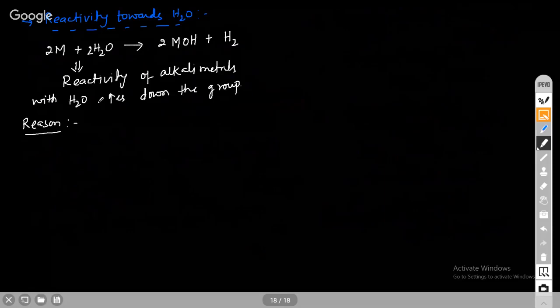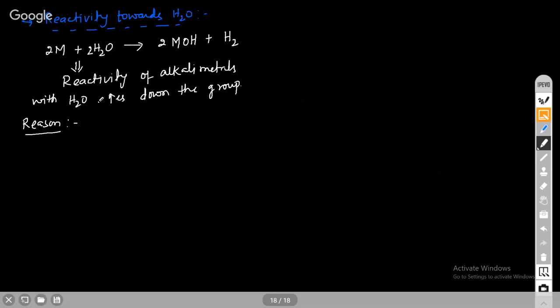As we go down the group, the melting point of the metal decreases, and the metal spreads over the surface of water easily, which increases the contact area and hence the rate of the reaction.